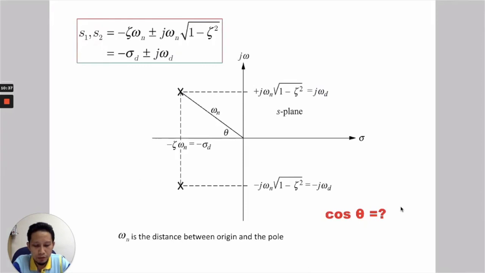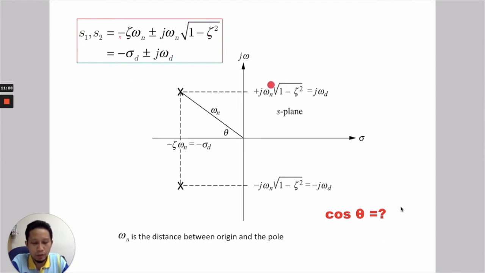So this is how we can represent the terms here, where we have negative zeta omega n. Here we can represent it as negative sigma d, and we can represent j omega n square root of 1 minus zeta squared as j omega d.